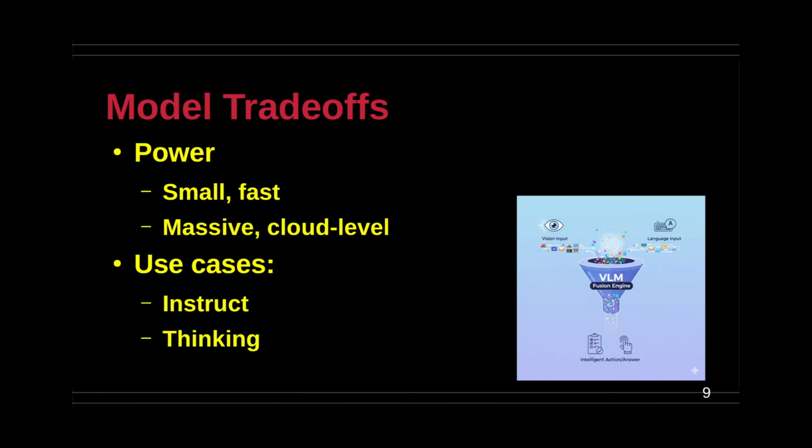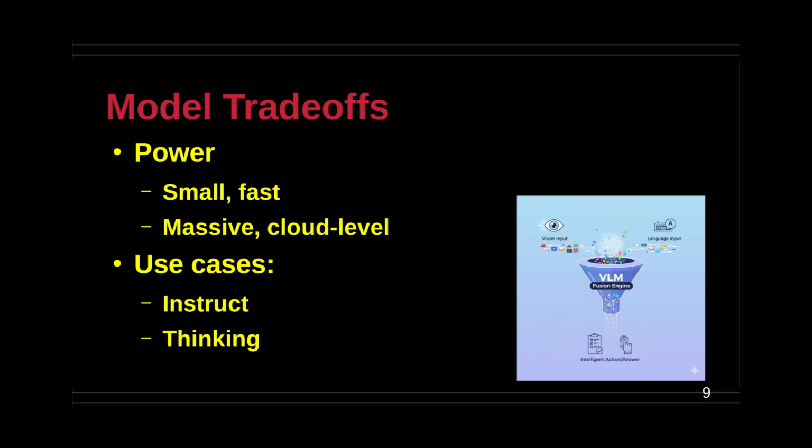The fundamental trade-off for models is between power and accessibility. Model variants are about trade-offs. The Qwen3-VL models come in different sizes, from small, fast versions that run on standard computers to massive, more powerful versions that require cloud-level hardware to deliver the best possible accuracy.